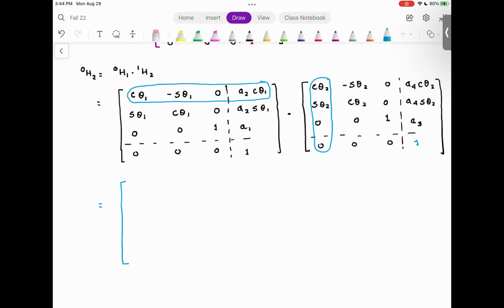First row, first column. So the first term is going to be cosine theta 1, cosine theta 2, minus sine theta 1, sine theta 2. And as you can see, everything else is 0. First row, second column.